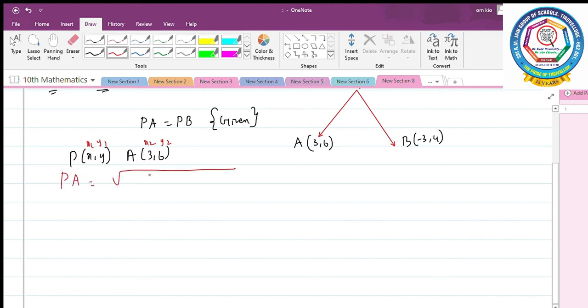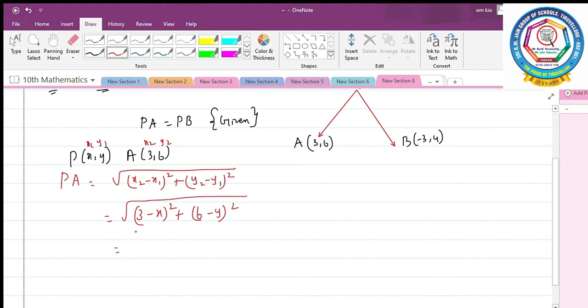Square root of x2 minus x1 the whole square plus y2 minus y1 the whole square. This is equal to square root of x2 is 3 minus x1 is x the whole square plus y2 is 6 minus y1 is y the whole square.